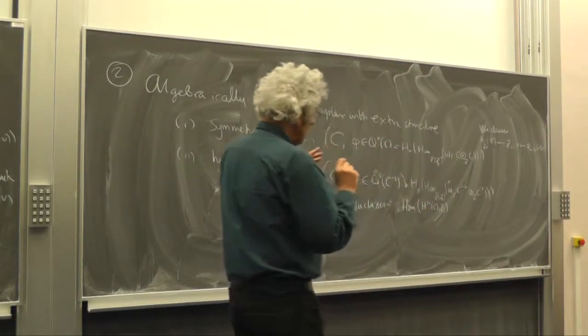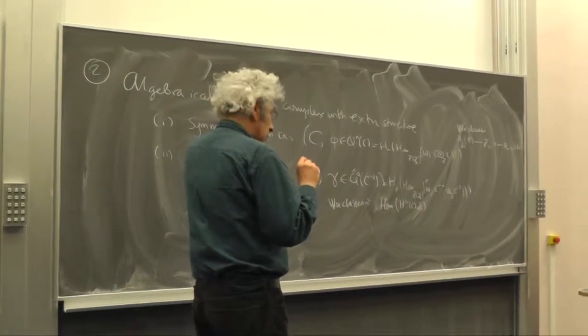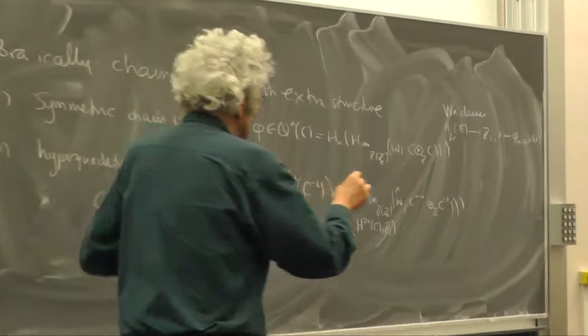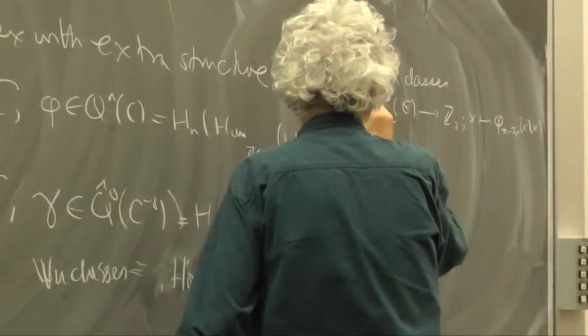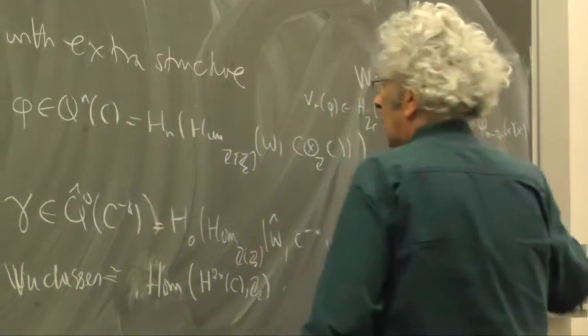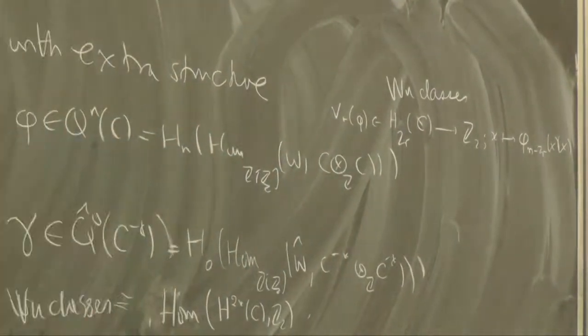But the point is that these are basically, let's call them v_r phi. These correspond to such a space having Steenrod squares.